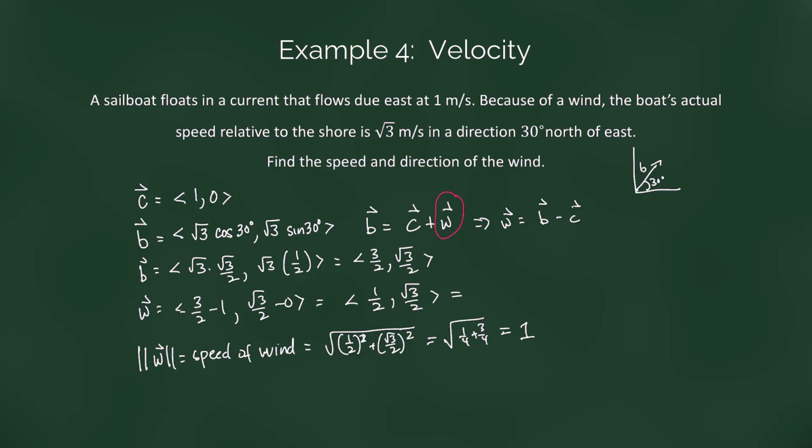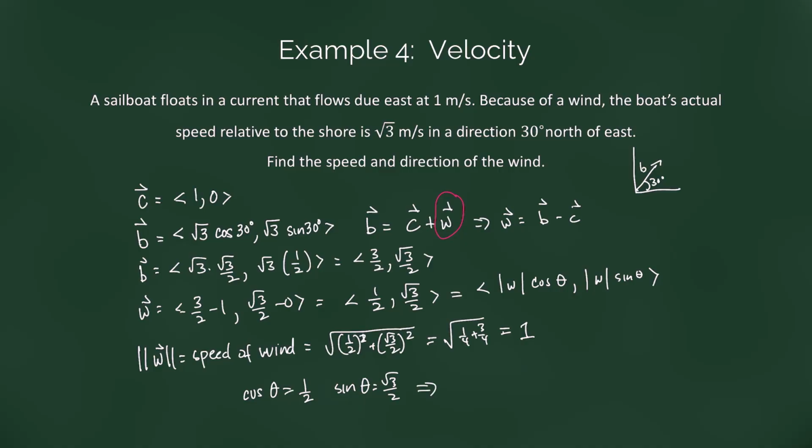Another way to write the wind vector is as the magnitude of the wind times the cosine of the wind angle, the magnitude of the wind times the sine of the wind angle, which means that the cosine of the wind angle, we're calling that theta, is 1/2, and the sine of the wind angle is root 3 over 2.